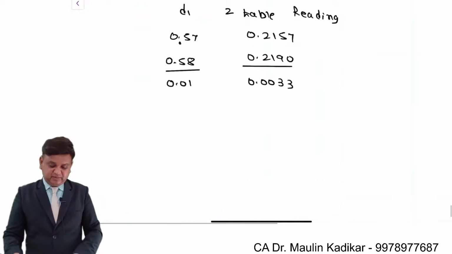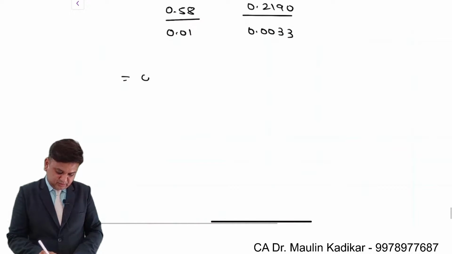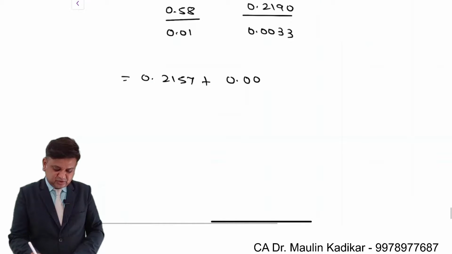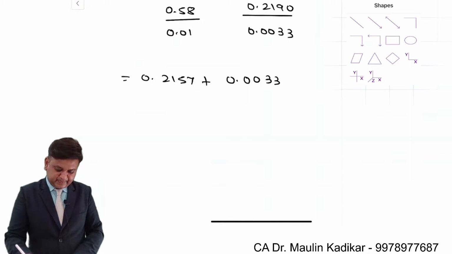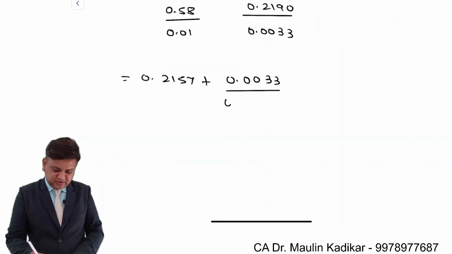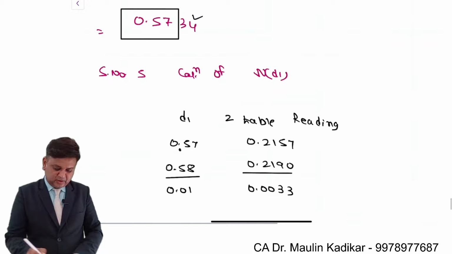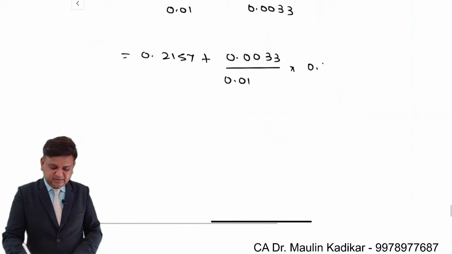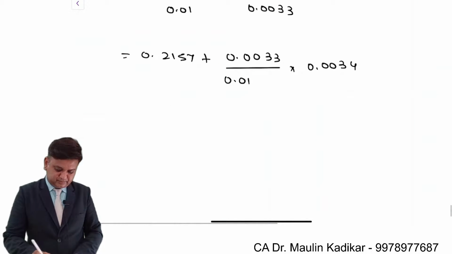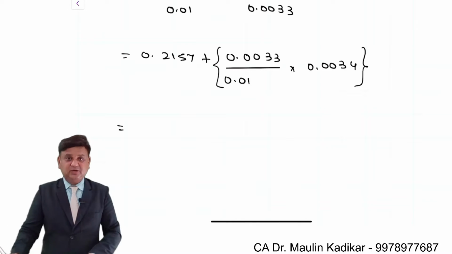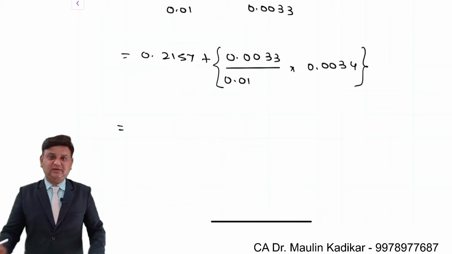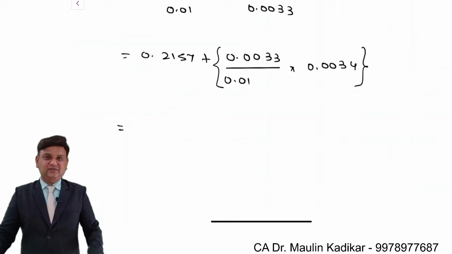So the final answer would be like this: 0.2157 plus 0.0033 divided by 0.01 into 0.0034. This will be added to the 0.2157 for the purpose of writing the final answer.